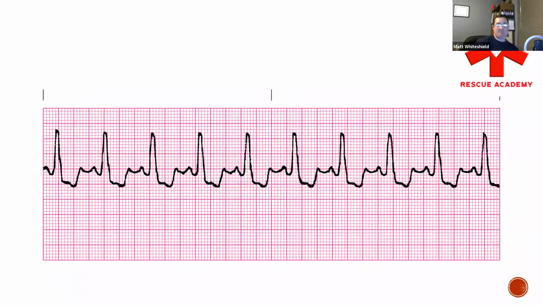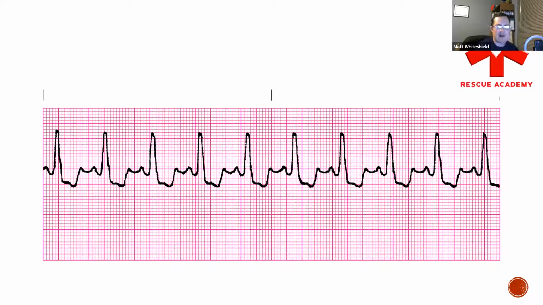Crazy looking beat here. And I like this EKG on here for a reason, right? The only reason why I really like this is because it looks crazy. And some people look at this and they're like, what the hell am I looking at? But we still have a beat. 1, 2, 3, 4, 5, 6, 7, 8, 9, 10. So this is a rate of 100. We have an upright P wave. We call it narrow, right?